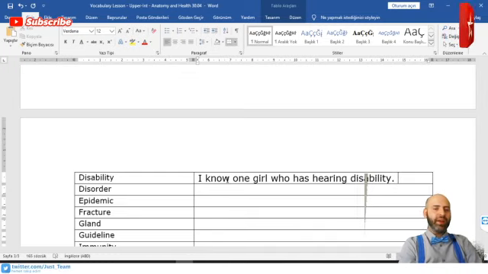Next thing is disorder. Disorder is when something is not working in the correct order, in the correct way. For example, some people have eating disorders. They eat not on correct time the food, or maybe they eat not correct food, or their body has problem with food.